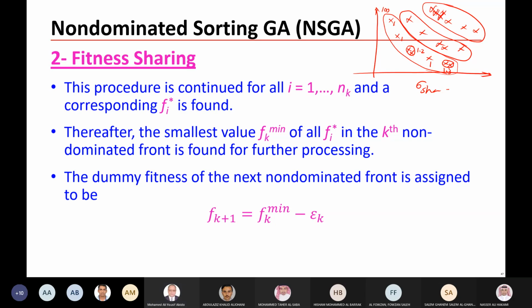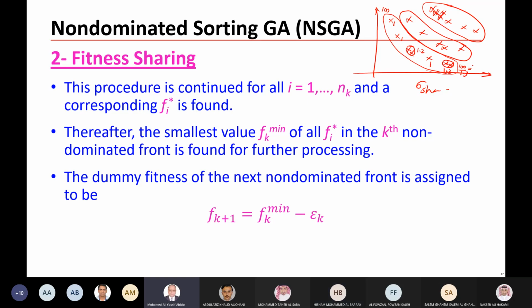Okay? You identify the minimum. What is the minimum fitness here? For those solutions, this will be the minimum, which is 100 over 1.3. So this would be 75. Yeah, 75.